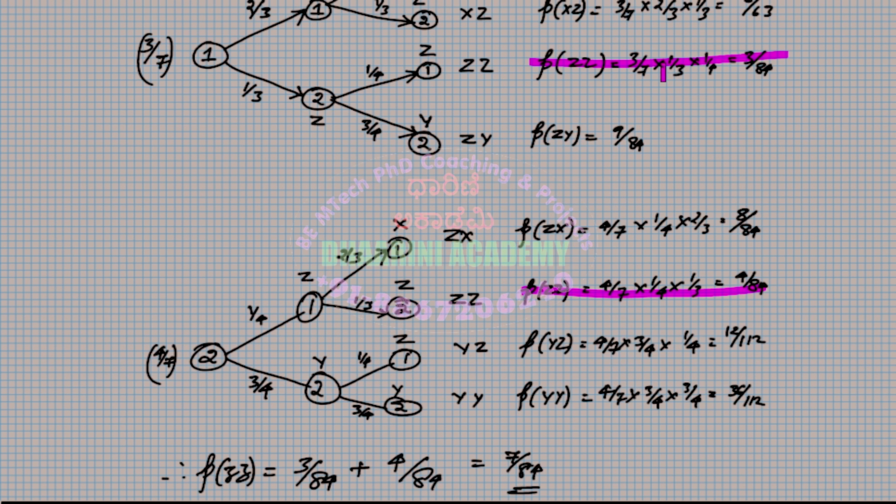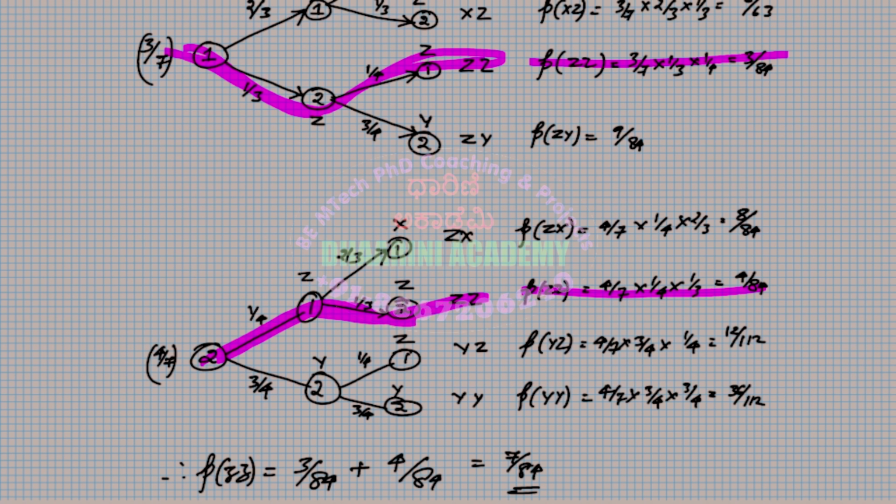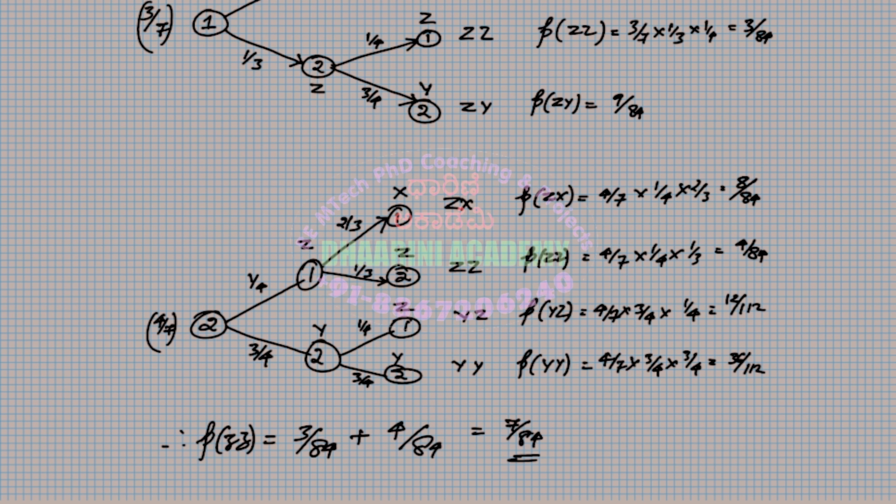The symbol ZZ can come this way as well as this way. Because of that, I have to get the new value of the probability of obtaining ZZ. So that's what I'm calculating. I'll update P of ZZ. Individually, we had calculated two values, and we add them together to get the new value, which is the actual value. Only ZZ will have this value, other values will remain the same.